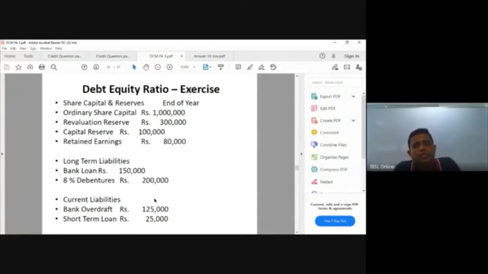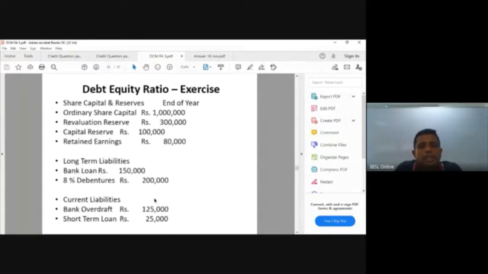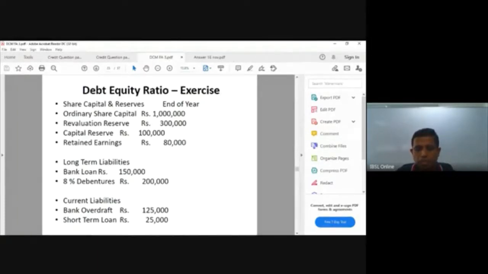First ratio, you have to take the equity capital and the debt capital. Debt capital in the sense the long-term debt capital, right? I will try to use the board.